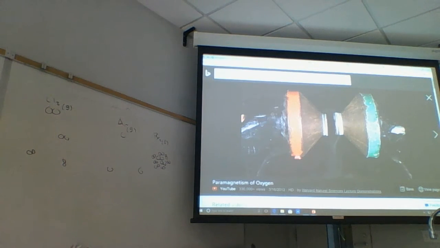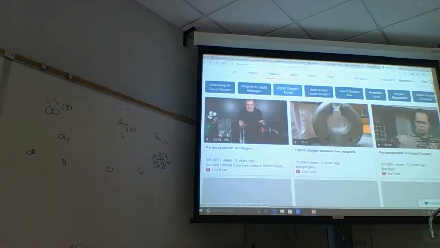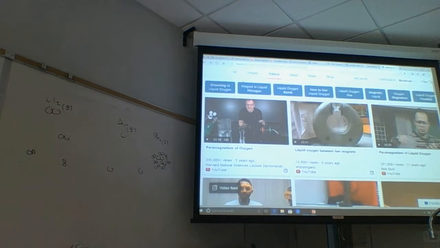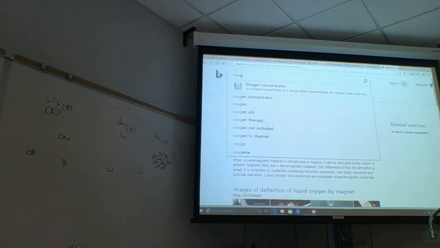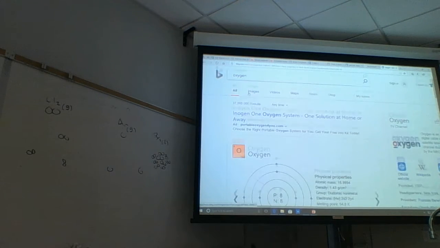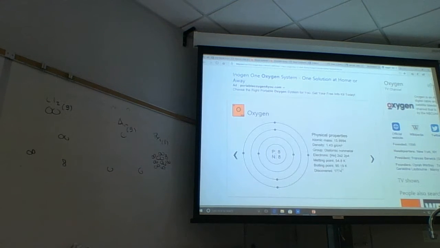How cold is liquid oxygen? Well, all we need is to know the boiling point of oxygen. So the boiling point is 90.19 Kelvin.